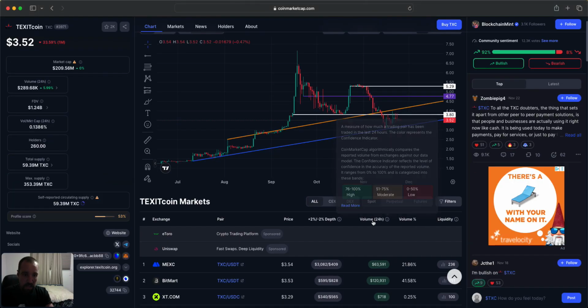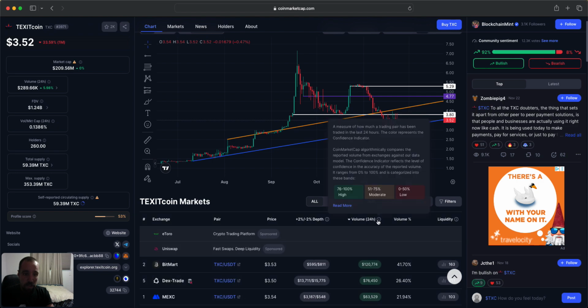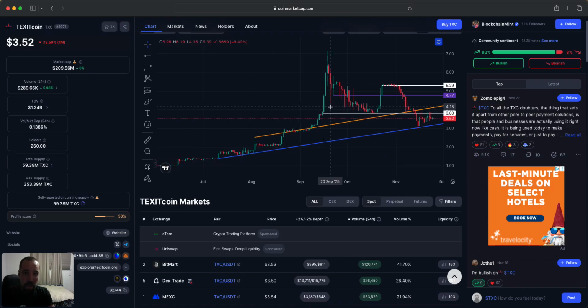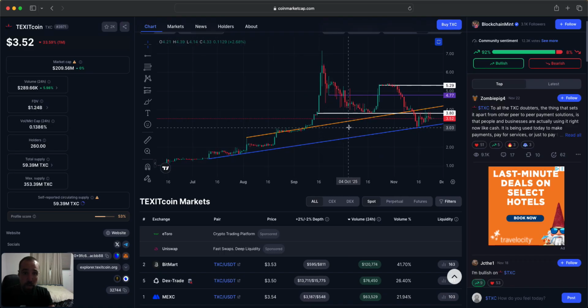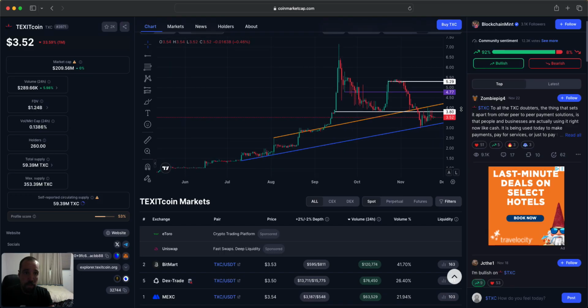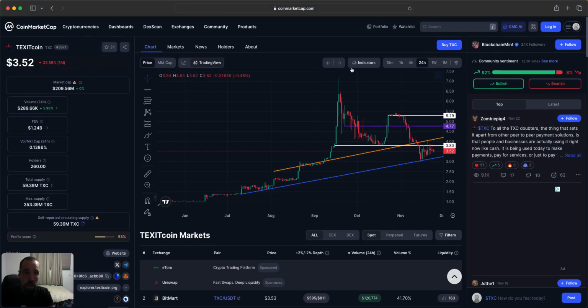Any of these patterns that we're looking at when we're trying to see the direction and the trend, always double check the volume of that move. We're trying to go up.